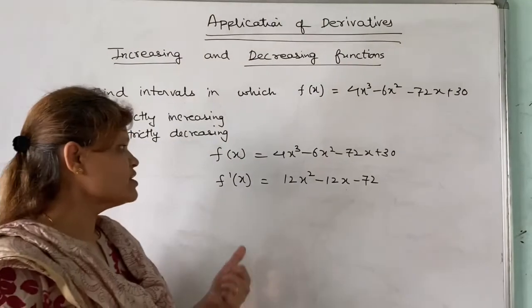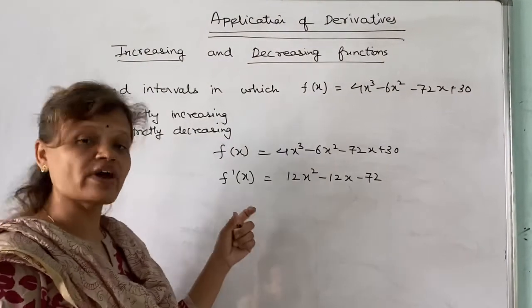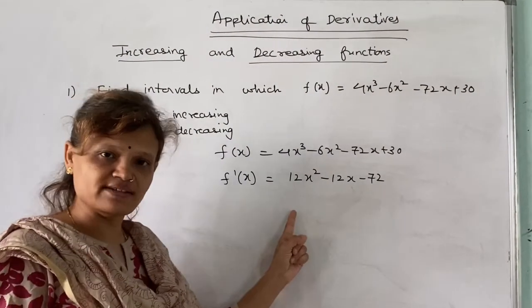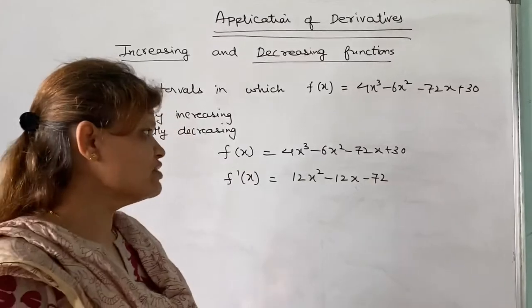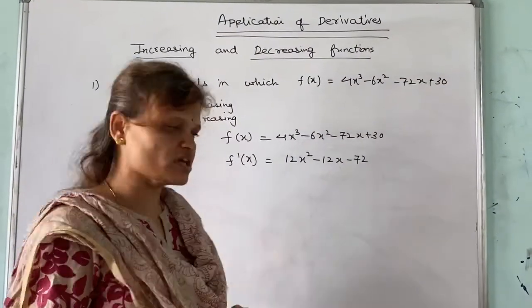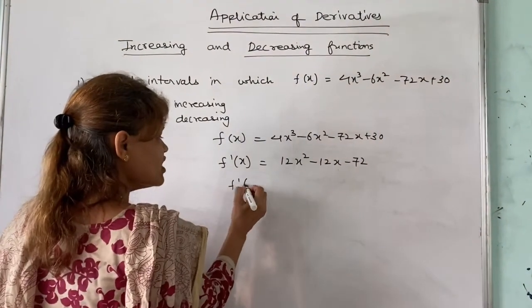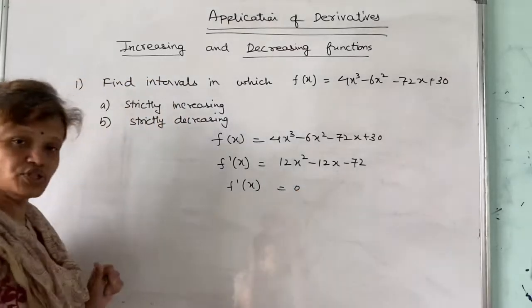Now we are going to find the factors of f dash of x and then equate to 0, and then we are going to find the values of x.